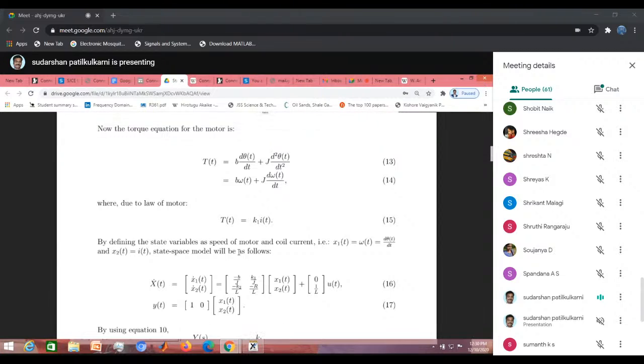So that is there in the Franklin book also. You can verify that. For theta of t as the output, we have the third order state space model.